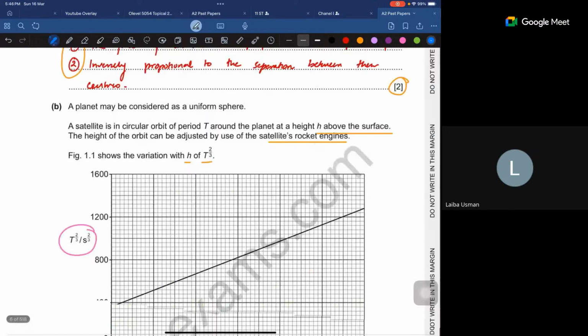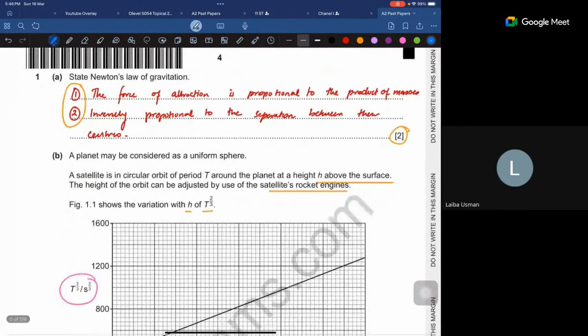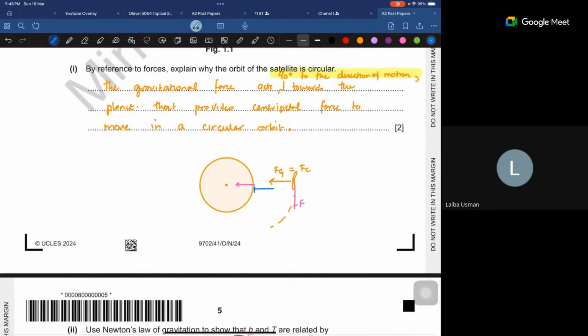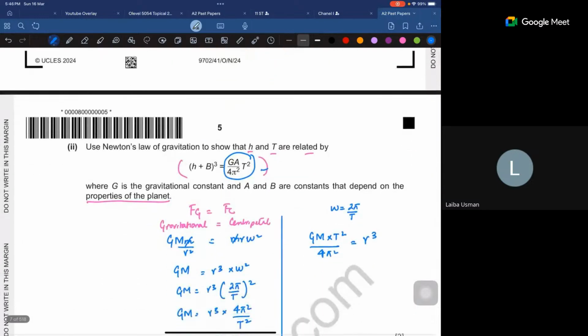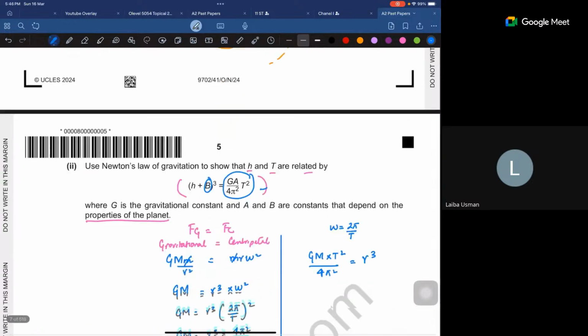Now I'll tell you why. Basically, this h needs to be studied. It says the satellite is in circular orbit with time period T around the planet at a height h above the surface. So h is the height above the surface. That means the radius of the planet should be b. Otherwise, that doesn't make sense.